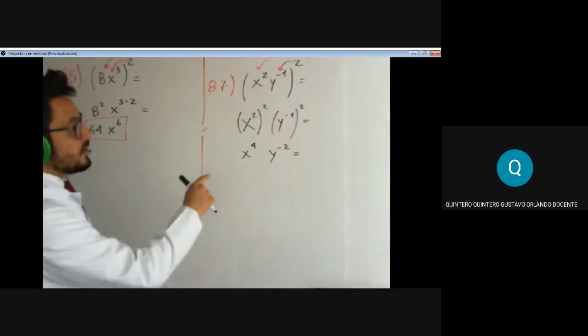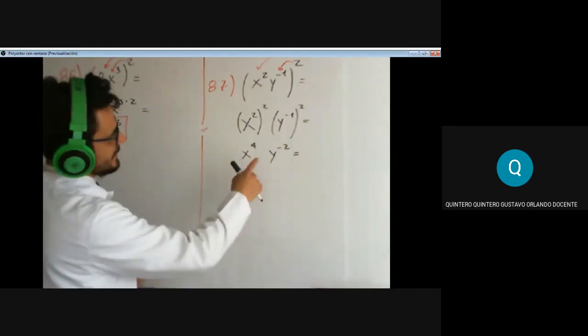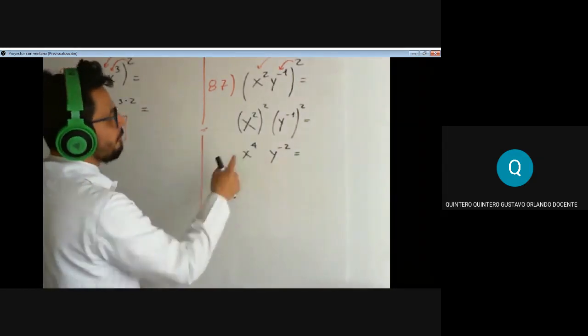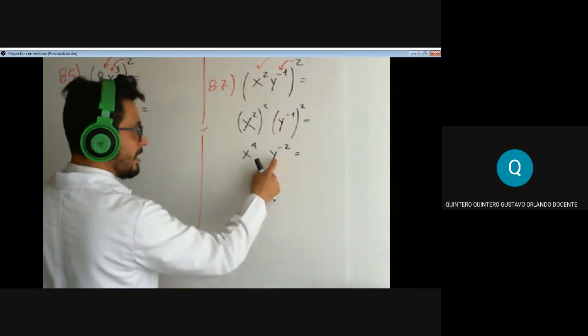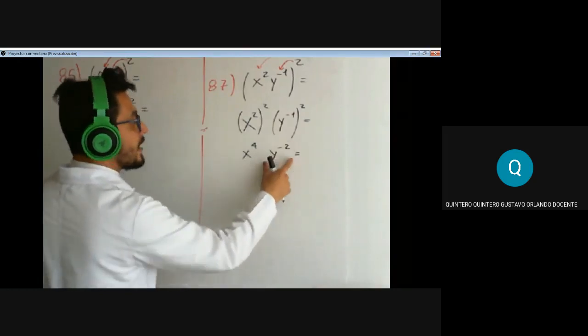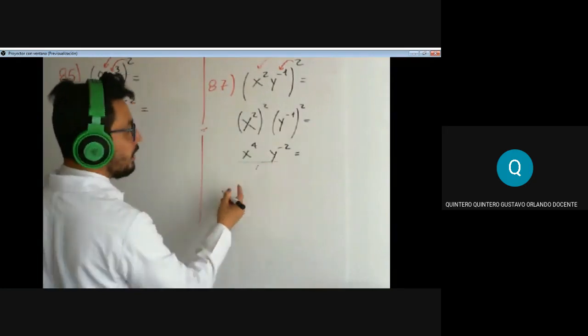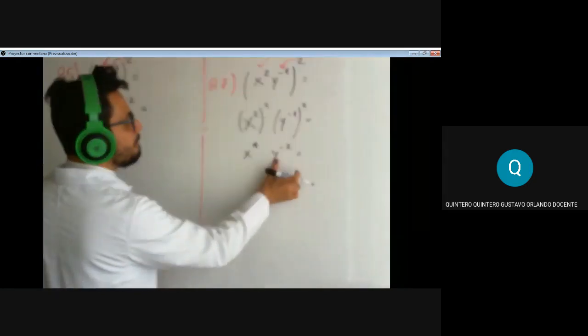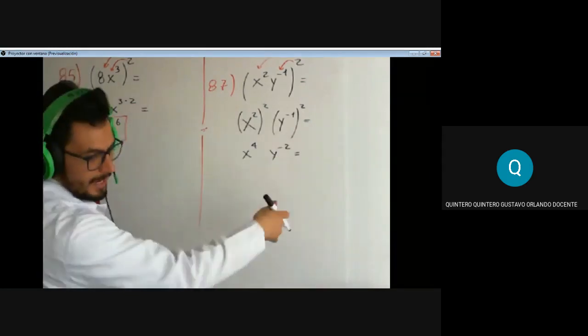Now, the way you did it is perfect. The way you said it is not that perfect because it's not x4, it's x to the 4. This part has a negative exponent, so we can put it down in the denominator. Remember, all of this is over 1. So we can put this y to the negative second power into the denominator.